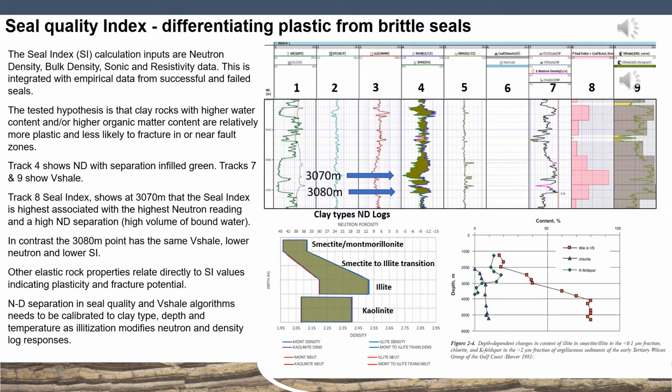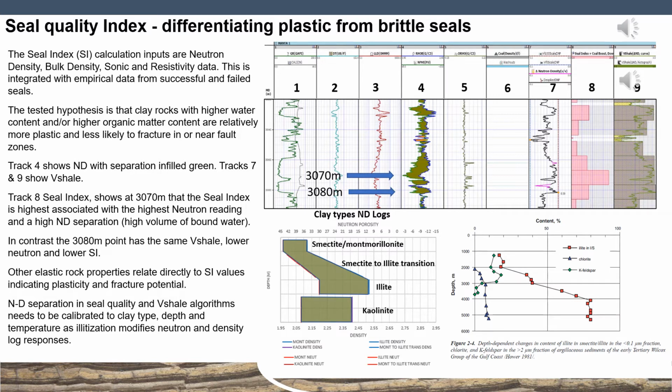The plots on the right show the logs used to derive the seal index. On the far right we have a seal index, and we represent that as a histogram for each seal interval. Looking specifically at the 3070 and 3080 sample points, you can see that the V clay for both of these is very similar.